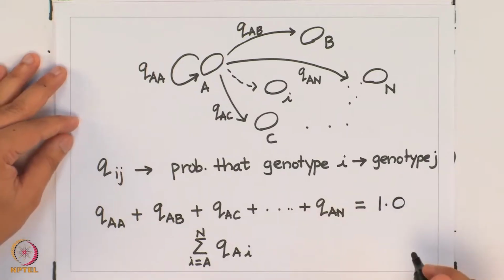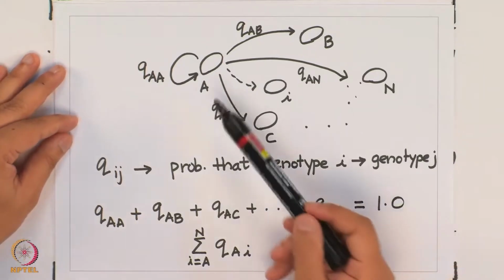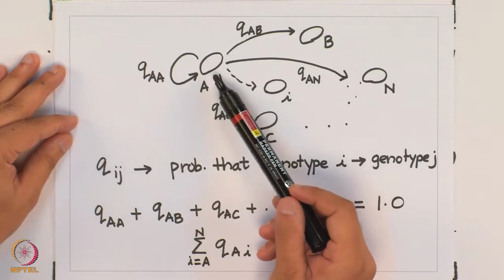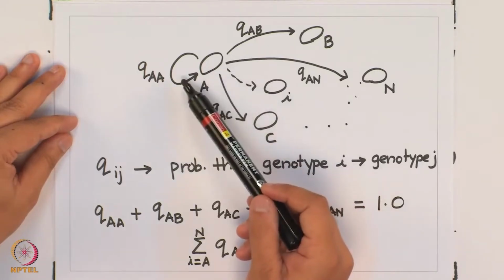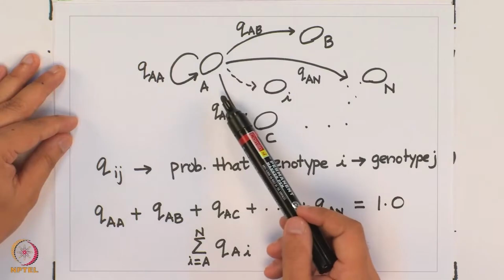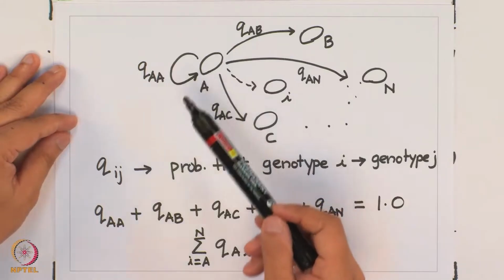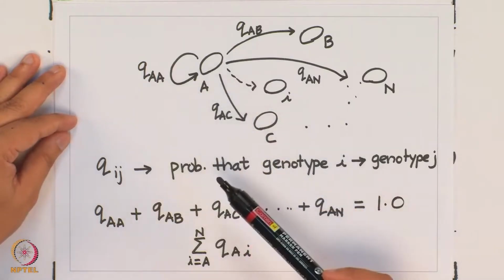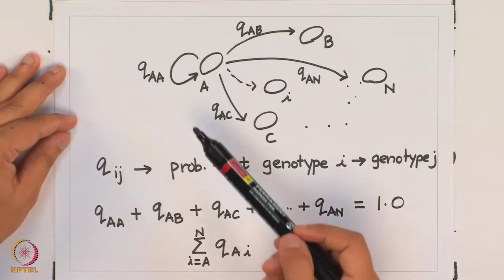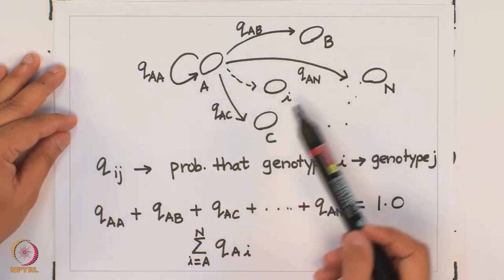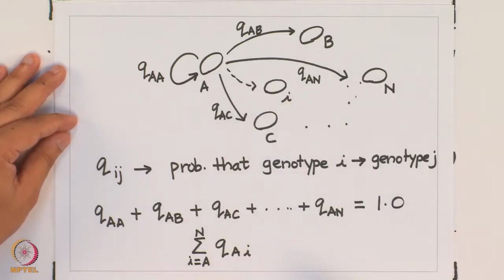And that comes from the fact that every time replication of A happens, it has to commit to one of these N arrows. Replication of A would lead to a progeny being generated, and that progeny is going to belong to one of the N genotypes which are present in the environment.